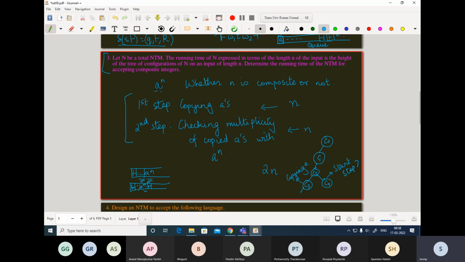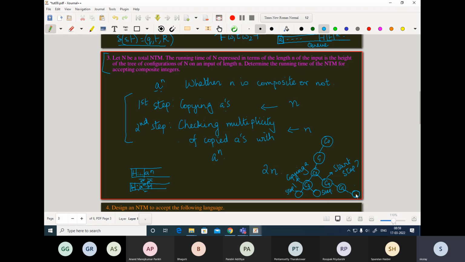At C3 also you have two choices. Copy another A, step 1, or step 2. And so on. And after step 2, you have different configurations. You have a path where you're checking whether it is divisible or not.